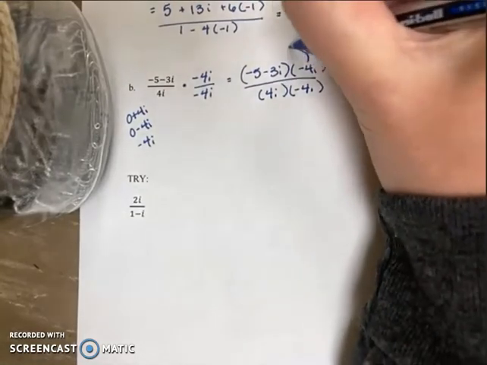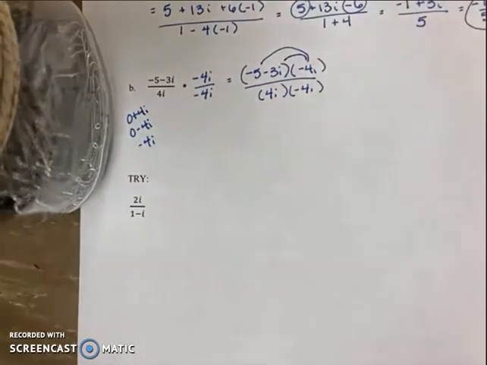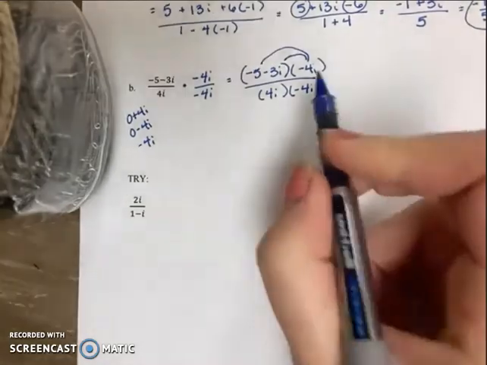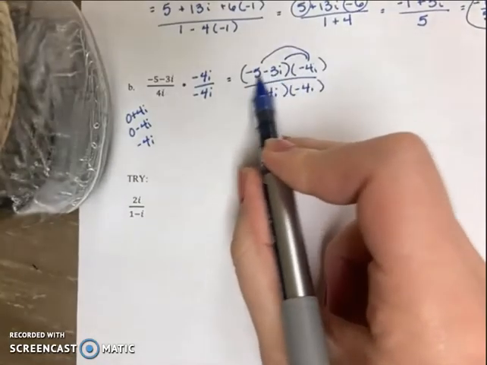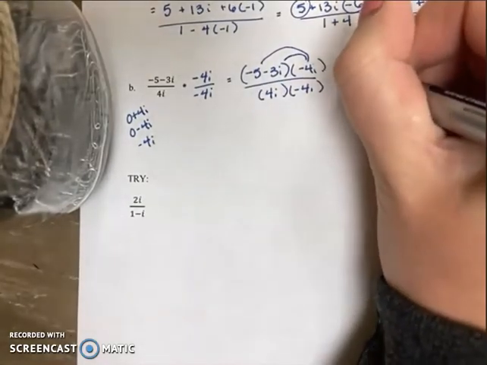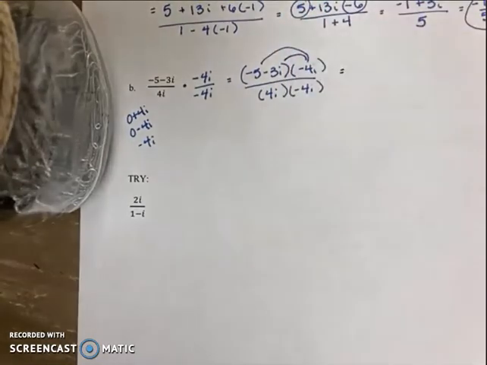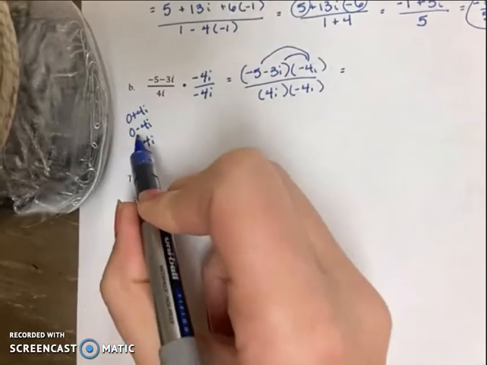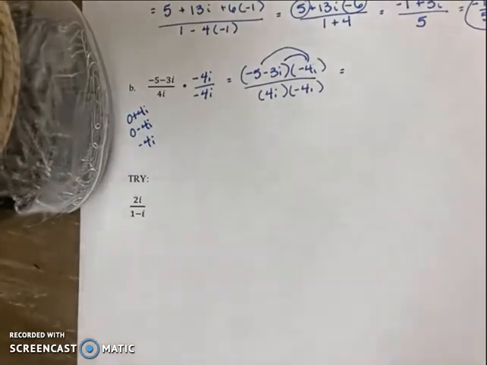So I'm going to distribute the negative 4i to each of the terms in the parentheses, and then just multiply it out in the denominator. If you wanted to write it as 0 minus 4i and FOIL it, that is fine. We're going to end up with the same answer. I was just trying to make it a little bit easier on you.